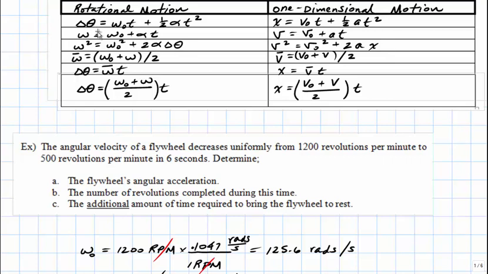Now, the first equation will solve for alpha. Delta theta was calculated for phase A, omega 0 was known for phase A, and we also were given the time. The time for phase A was 8 seconds. This equation can be used, but if we can use the second equation, that's the preferred equation because it's a little bit simpler in form. Let's see if it's useful to us.